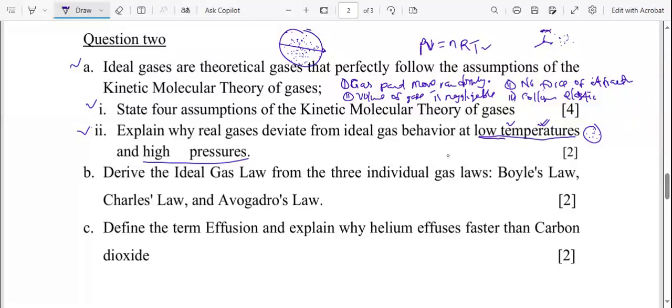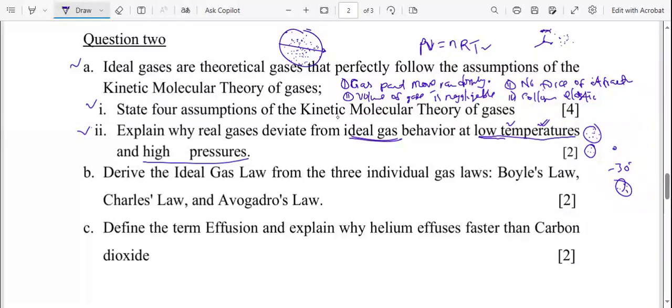At low temperature, attraction becomes so vital and significant, because the particles can, for example at 0 degrees or negative 30 degrees, stick together. So real gases deviate from ideal gas behavior.